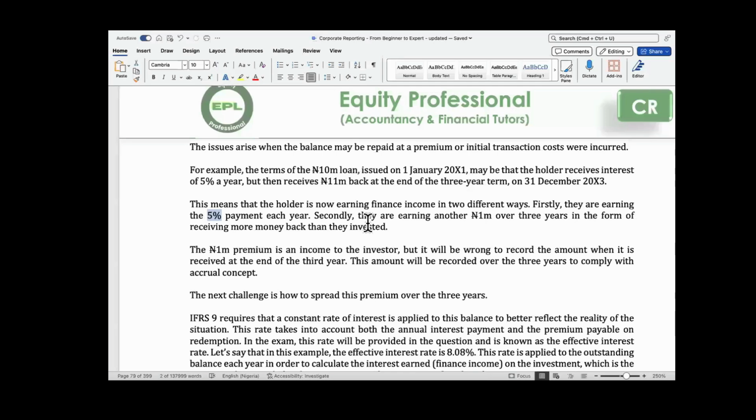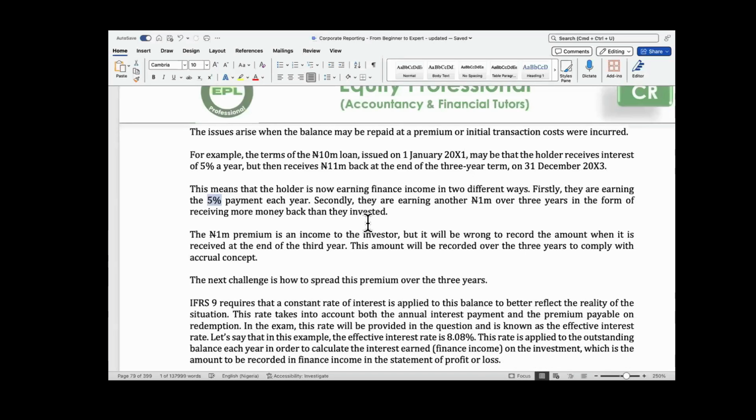Yes, we are going to collect the 1 million at the end of the 3rd year, but it would be wrong to recognize it as income at the end of the 3rd year, because it was earned over the 3 years. We worked for it. Our money was down over the 3 years, and that's why they are giving us the extra 1 million. So that extra 1 million needs to be spread.